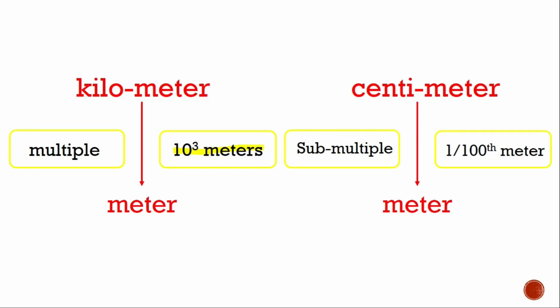In that same manner, centimeter is a submultiple of meter, which is 1/100th of a meter. या अगर मीटर लाई हमले 100 इक्वल पार्ट्स में डिवाइड करम तो त्यसको जुन एउटा पार्ट निस्किन्छ that is 1 centimeter.